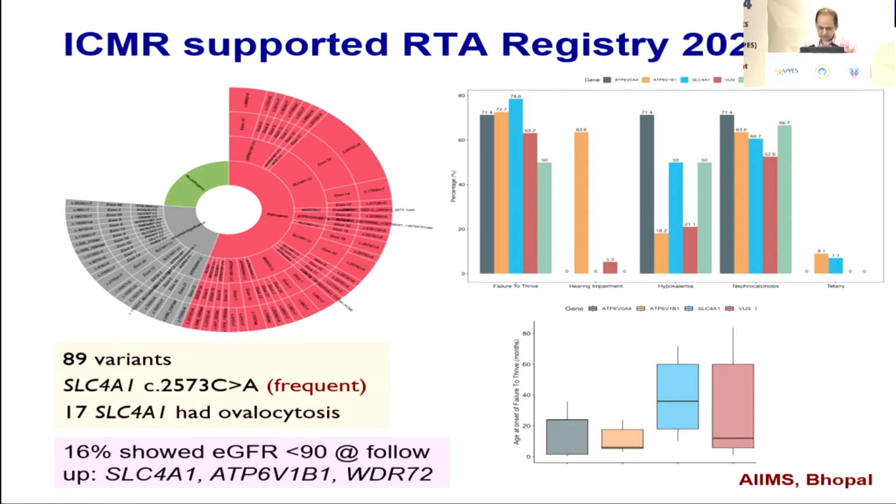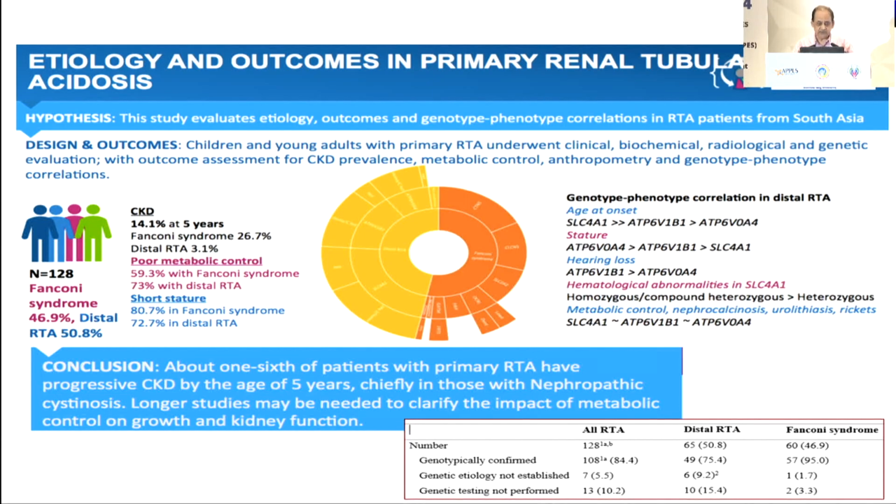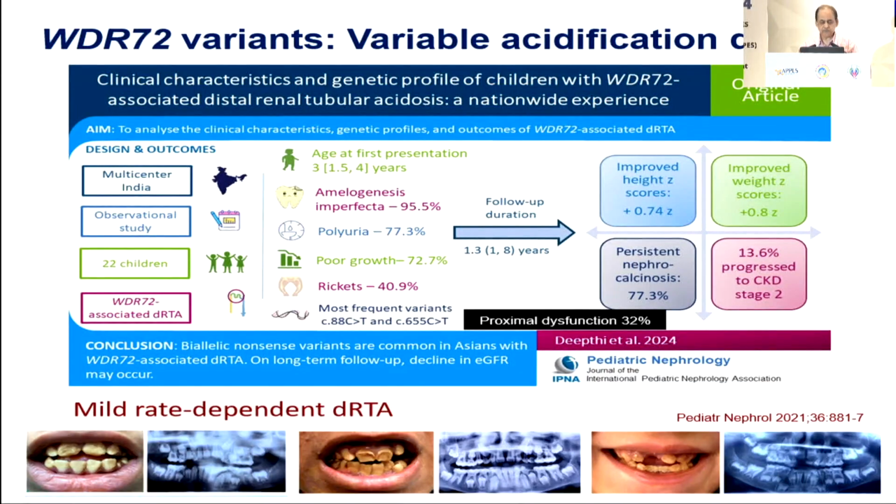I will not go into too much detail, and there is similar data from our institute, where, in fact, Sukanya is sitting here. Sukanya's thesis during her MD looked at this, and again she showed that SLC4A1 was perhaps the commonest defect, and then you have other hydrogen ATPases as well, and good clinical genotype-phenotype correlation.